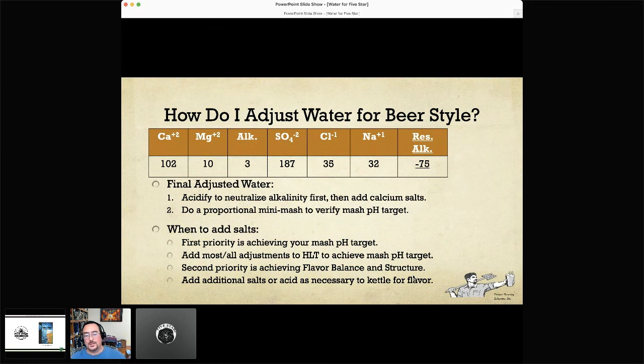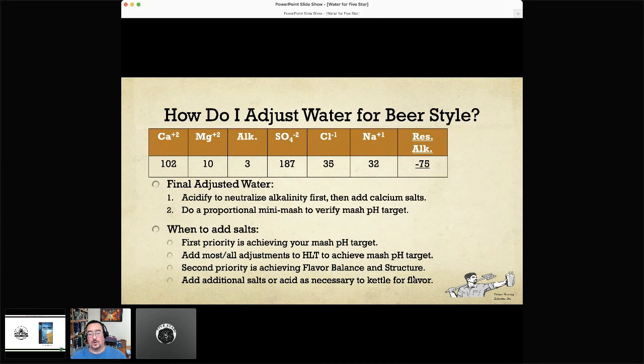In terms of when to add your salts, well, like I said, the first priority is always to achieve your target mash pH. Once you've done that, then you can add more salts if you need to later in the process, say to the kettle.